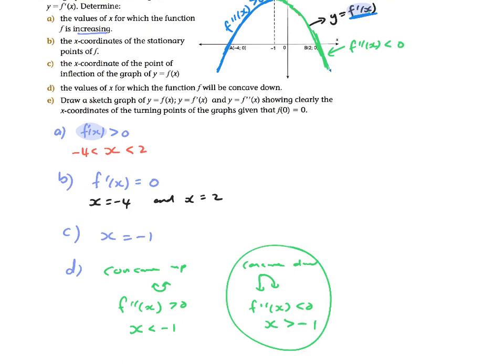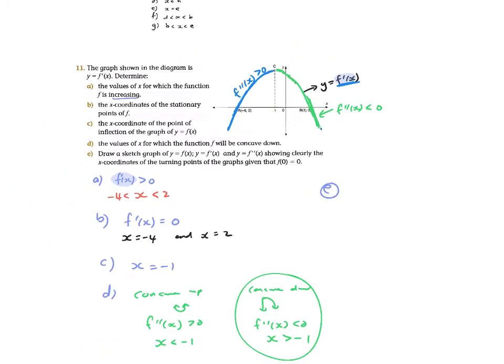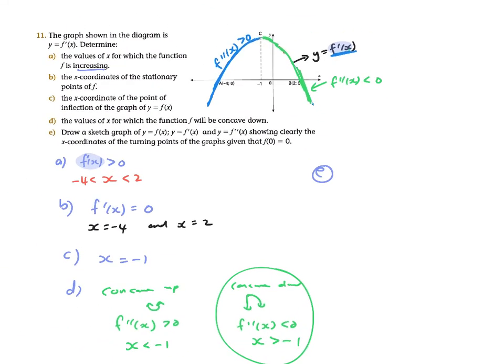Last question, question E. Draw a sketch graph of y is equal to f of x, y is equal to f prime x, and y is equal to f double prime x, showing clearly the x-coordinates of the turning points of the graph, given that the graph is going through the origin.